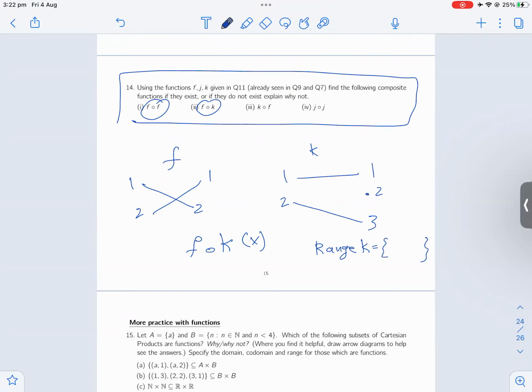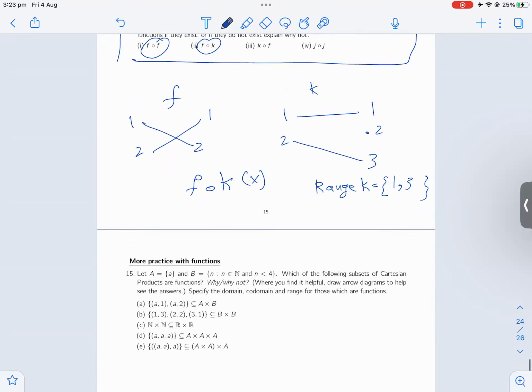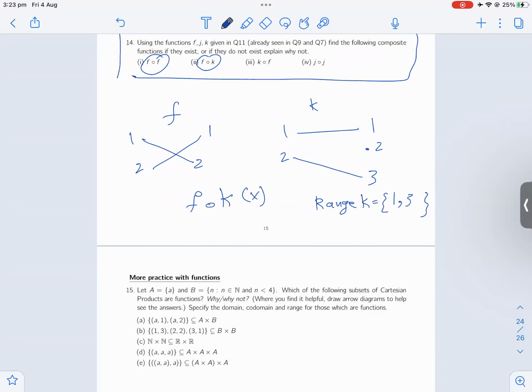What outputs can k get? When I say output, I'm using computer science language so you understand me better. Is this a subset of the domain of f? What is the domain of f?